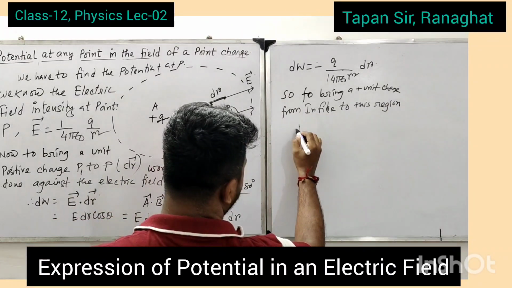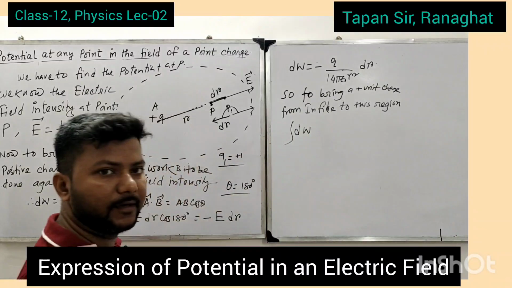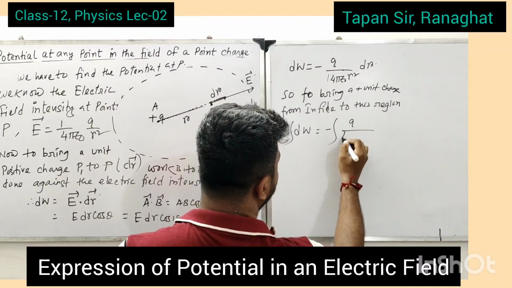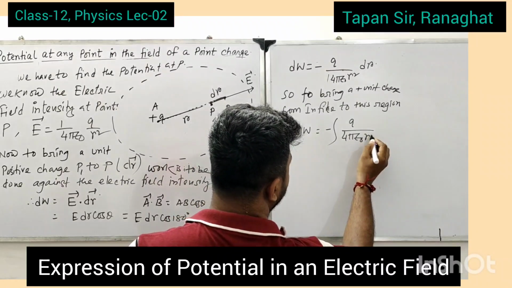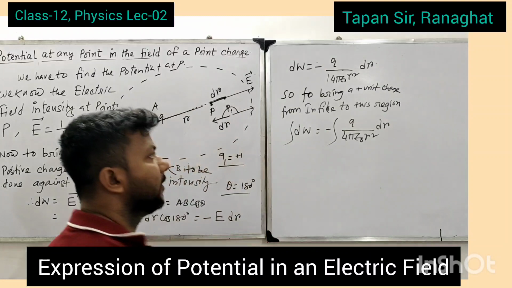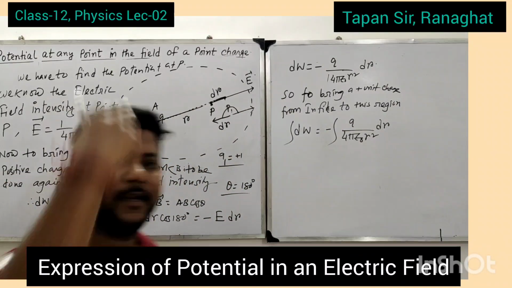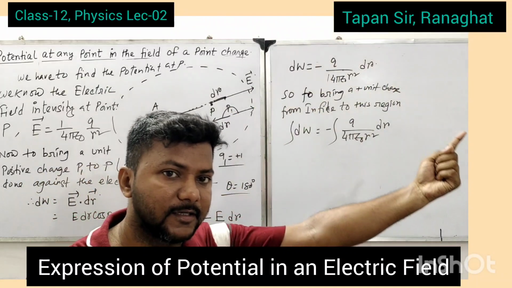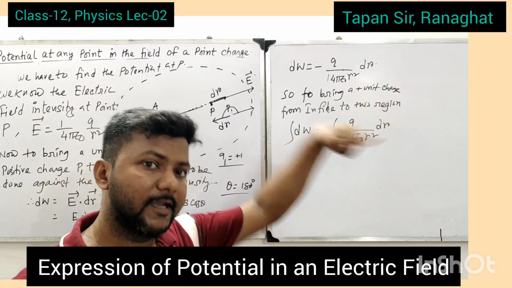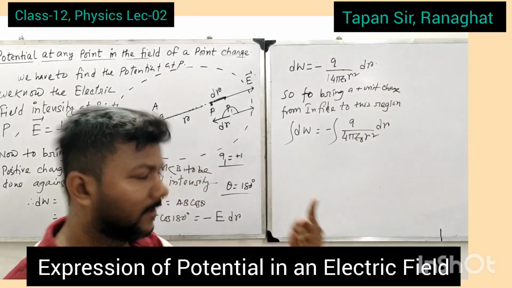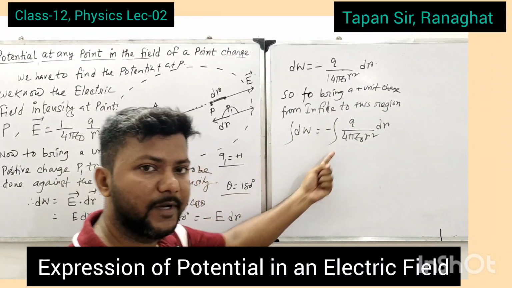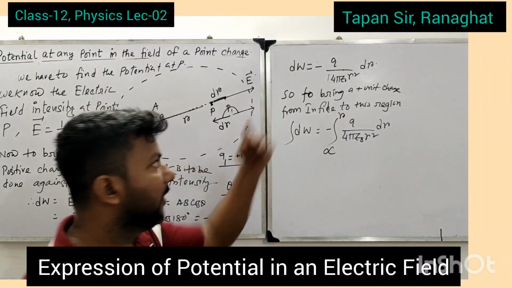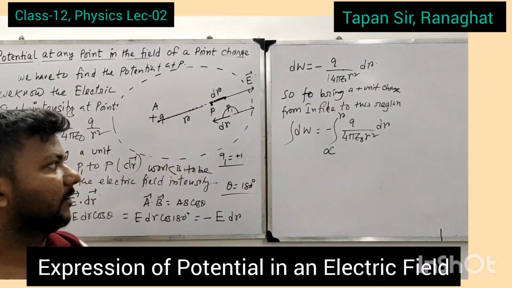the amount of work done is the integration of dW, right, यहाँ पर integration of minus q by 4 pi epsilon naught into r square into dr. So limit कहाँ से कहाँ तक, limit infinity से r तक, इसीलिए the limit should be infinity to a distance r, okay.